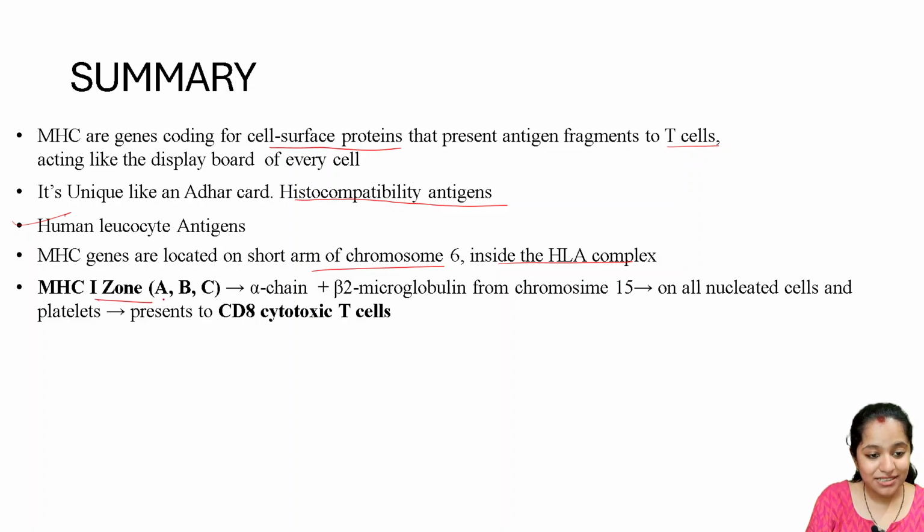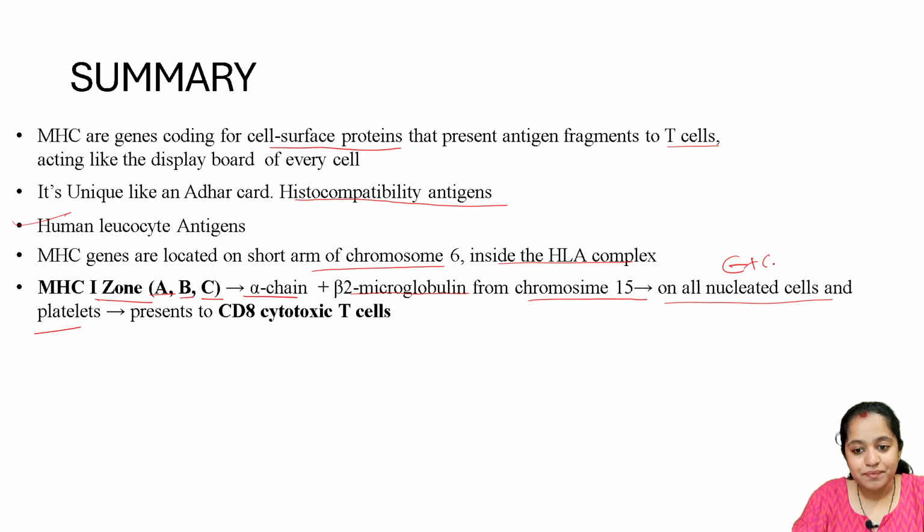MHC1 zone has genes HLA-A, HLA-B, HLA-C, which form the proteins HLA-A, B and C, which form the alpha chain. And the beta-2 microglobulin is formed from chromosome 15, okay? And it is present on all nucleated cells and platelets except which one? RBC and sperm cells.